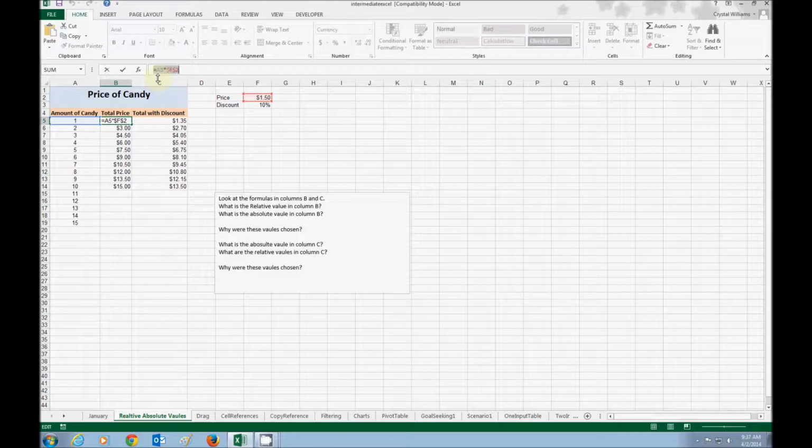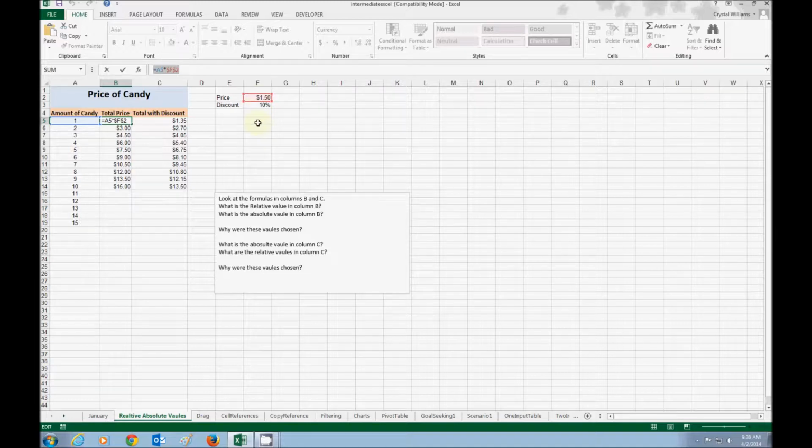There are no dollar signs. It's just A5. And the price of candy is an absolute value, $F$2. That's because the price per piece of candy does not change. It will always be this $1.50 amount. And $1.50 is located in F2.